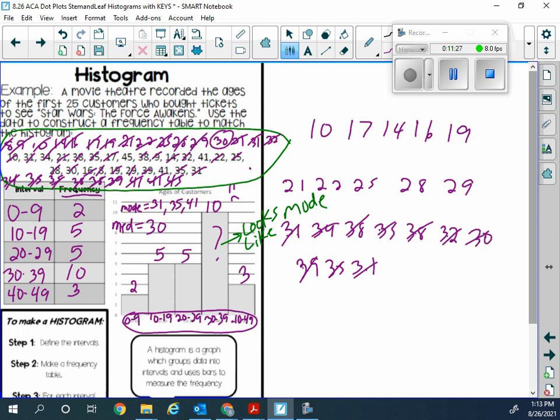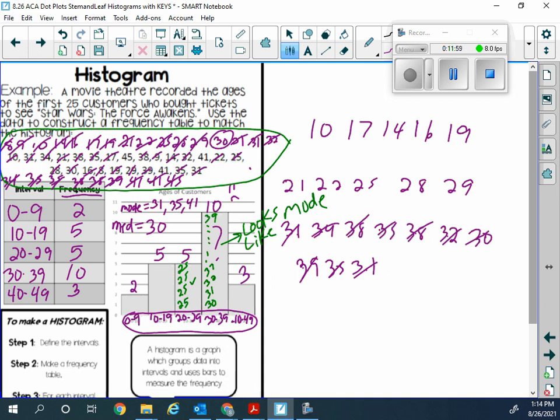But what I was saying is inside of here, you don't actually know the numbers, but there could have been 30, 31, 32, 33, all the way up to 39. And I said what could have happened over here is that there was 25, 25, 25, 25. So if that had been the case, then this would have been the mode, not where this whole thing is. I said from looking at just the histogram, you can't tell what the mode is.